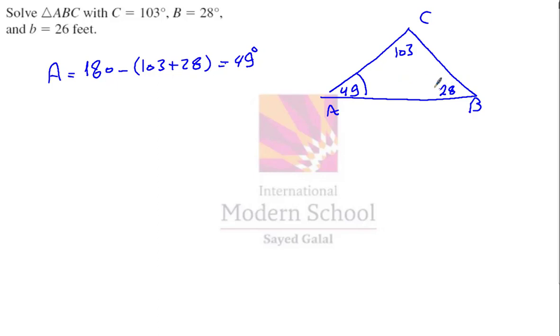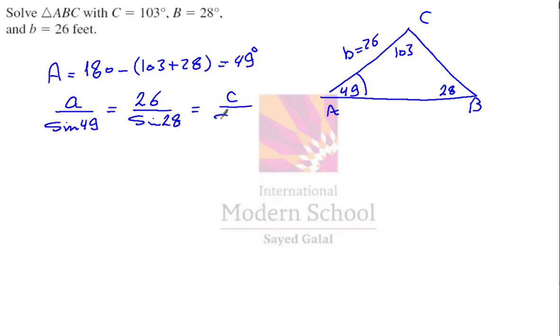The length of b, opposite to angle B, equals 26. Then use the sine law. By using the sine law, a over sine 49 equals b, 26, over sine 28, equals c over sine 103.